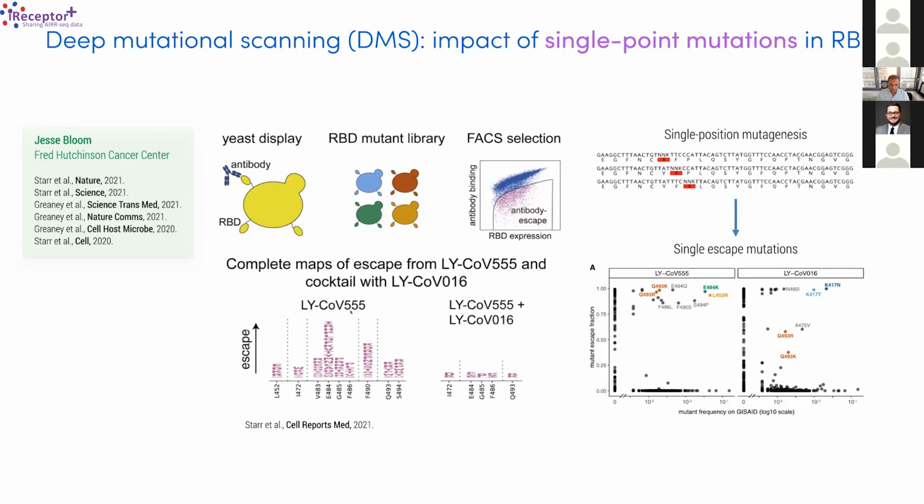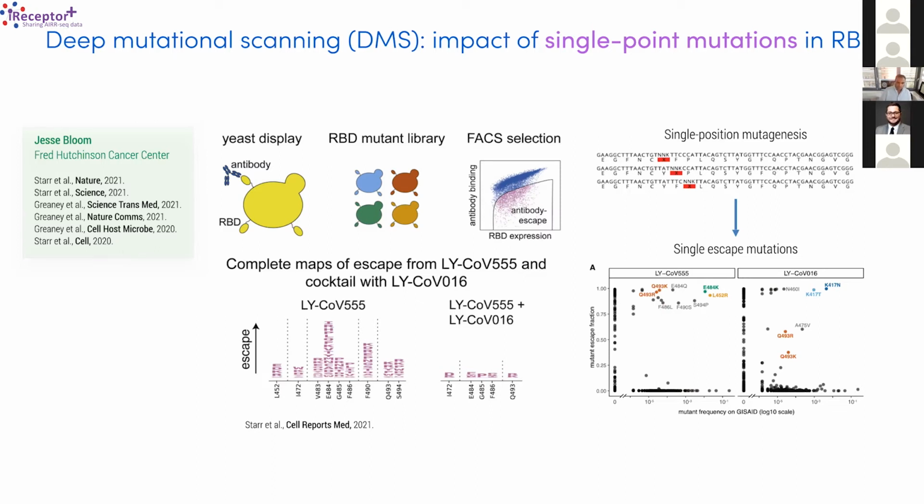That's the bamlanivimab antibody that the FDA had to revoke. And you can see in here, E484K is represented. Similarly, you can plot these mutations in this kind of approach. And it should not go without notice that this technique has been highly impactful for the field, as you can see by this extremely prolific publication record from Jesse Bloom in the last year alone.